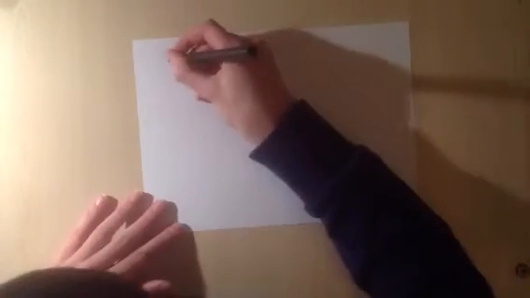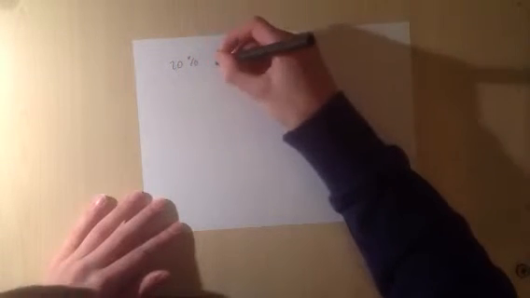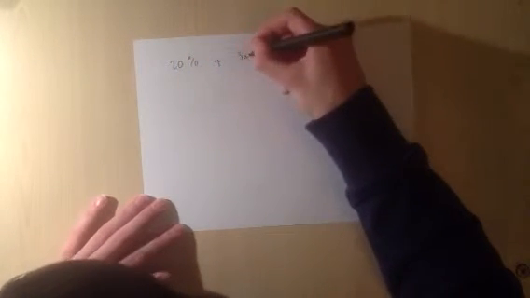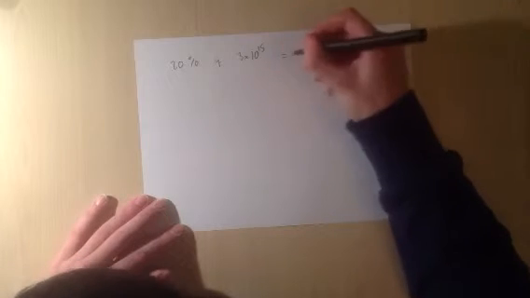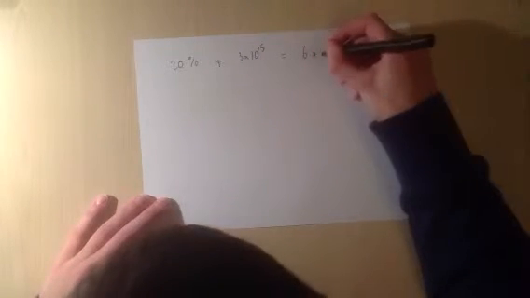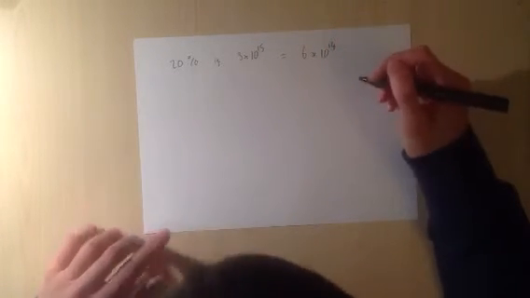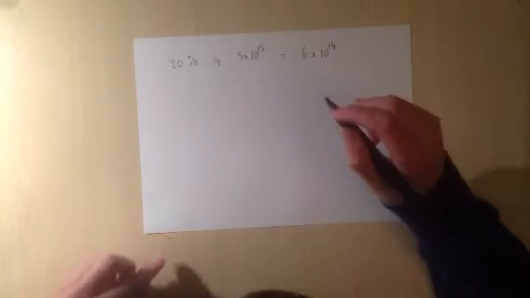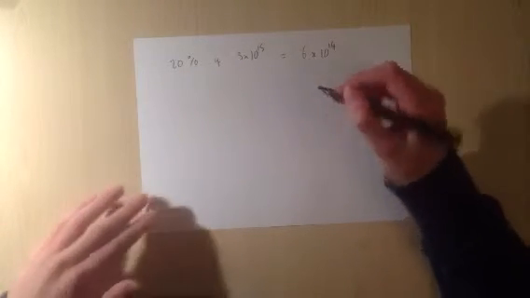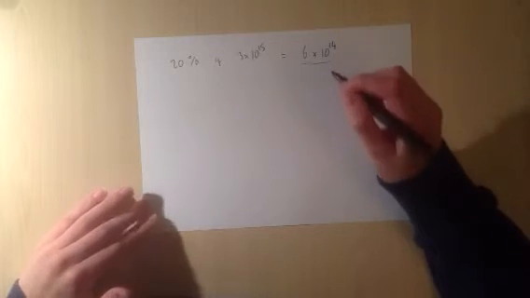Now for question B1, to find the current in the circuit, we'll need 20% of the photons, so 20% of the number of photons equals 6 times 10 to the 14 photons, and because every photon releases only one electron, this is the number of electrons released.